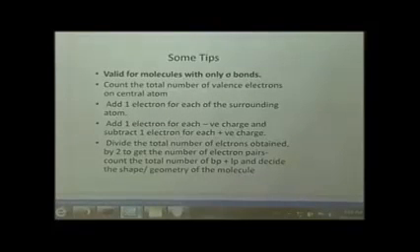Now there are certain tips which are important. If you have only sigma bonds, this rule is valid only if you have sigma bond in your molecule. No oxygen should be there, because whenever you have oxygen, since oxygen prefers to form double bond, you cannot apply this rule.